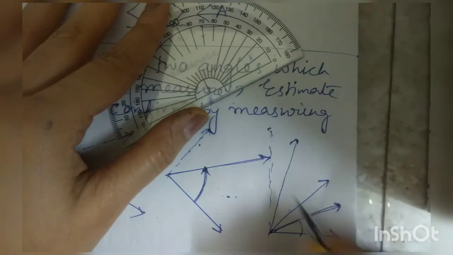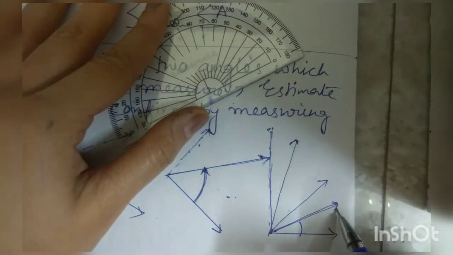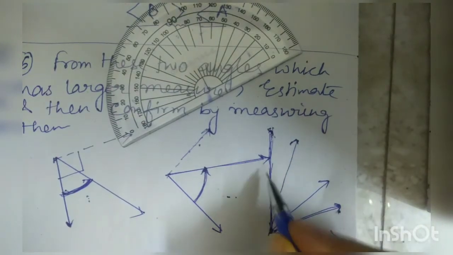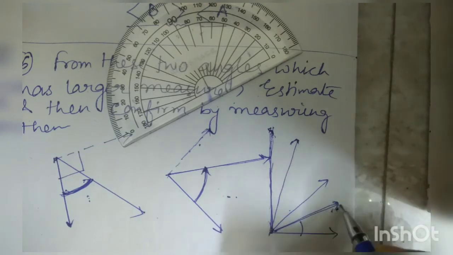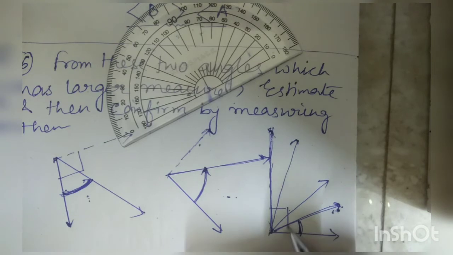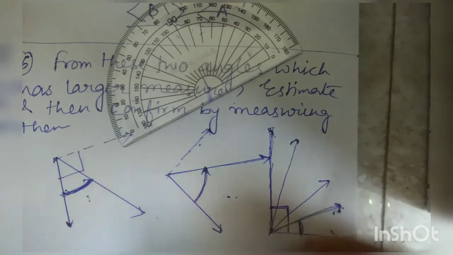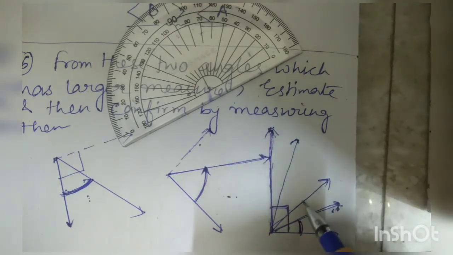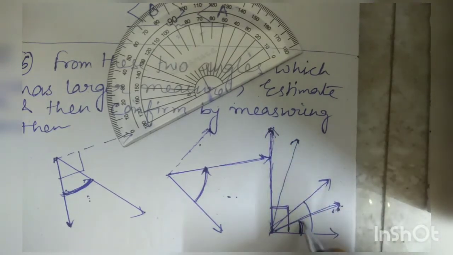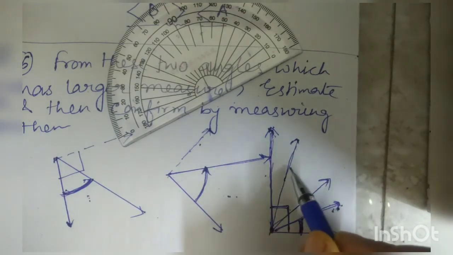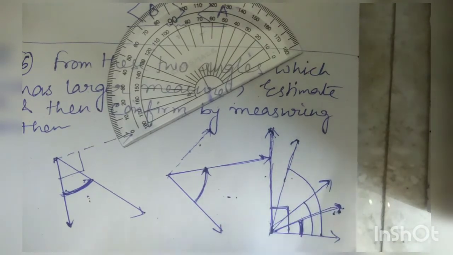Now this ray is further from this ray, so the measurement of this angle will be less than this one. Similarly, this ray is a little nearer to this ray, so this angle will be larger than this one. Similarly, this ray is also nearer to this ray, so this angle will be more than this one as well as this one.